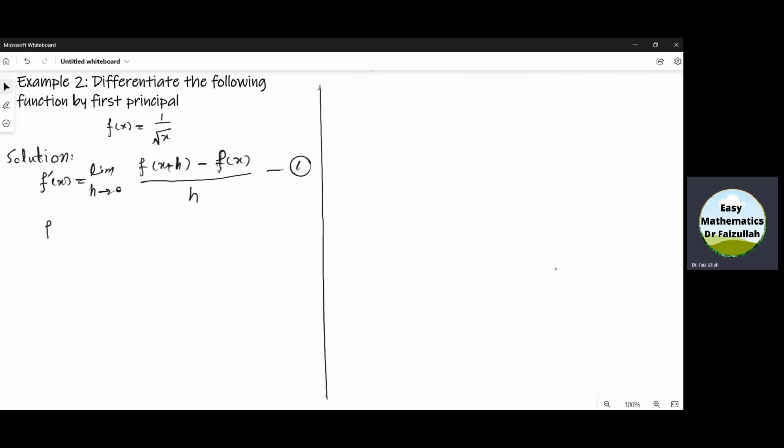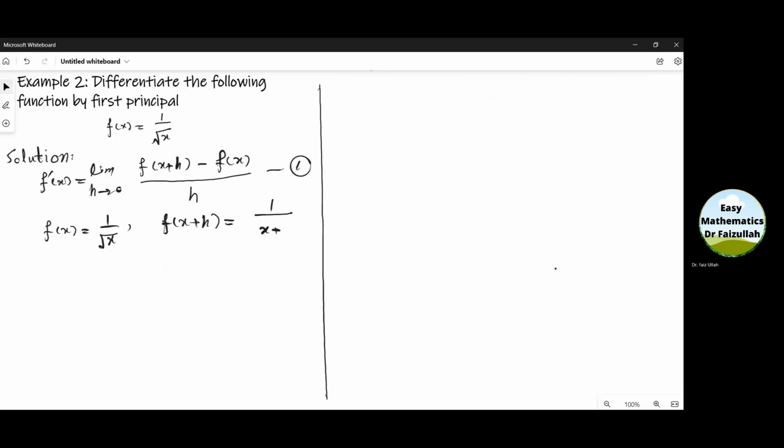Now in this question we are given that f of x is 1 over under the root x, and from this we can get the value of f of x plus h, which is equal to 1 over under the root x plus h.